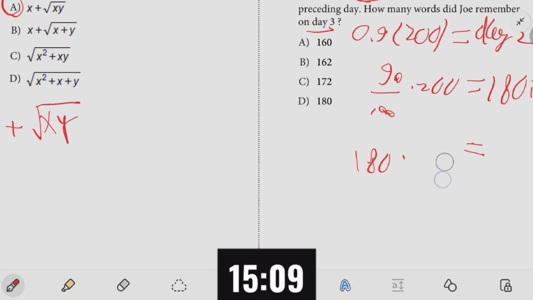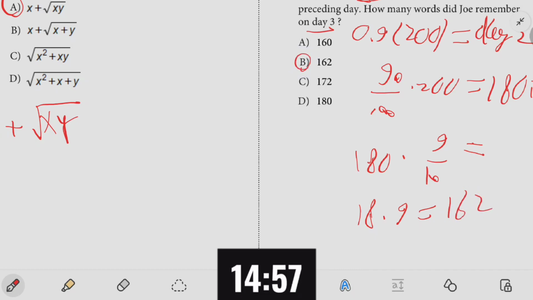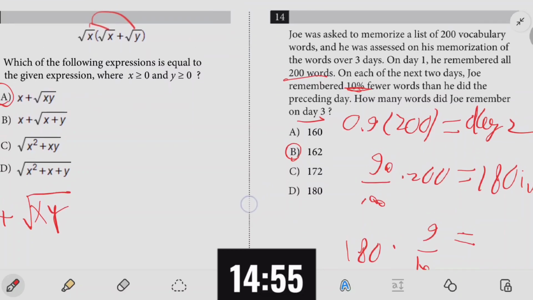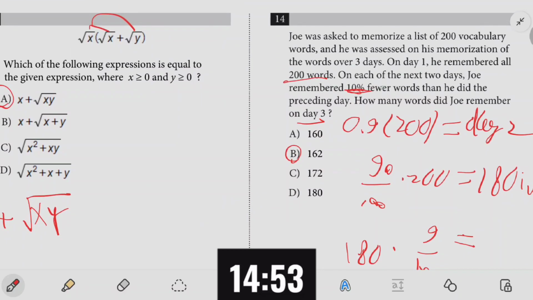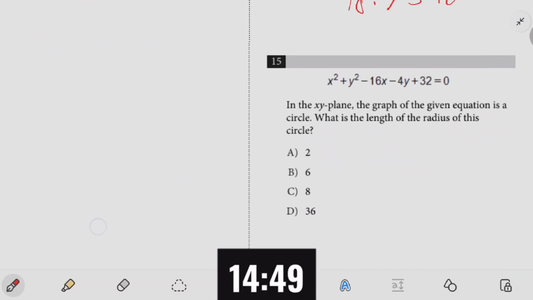Actually, let me rewrite this. 9 over 10, that's easier to work with. If you divide, that's basically 18 times 9, which is 90, 72, 162. I think that's the answer. Okay, we gotta move on.